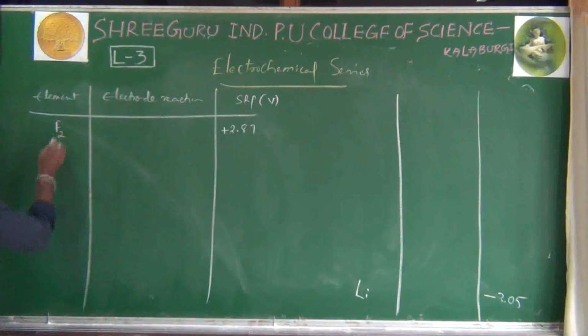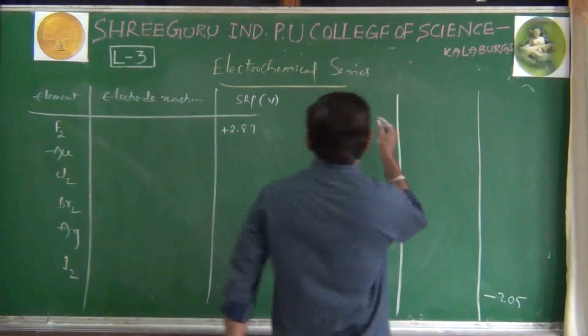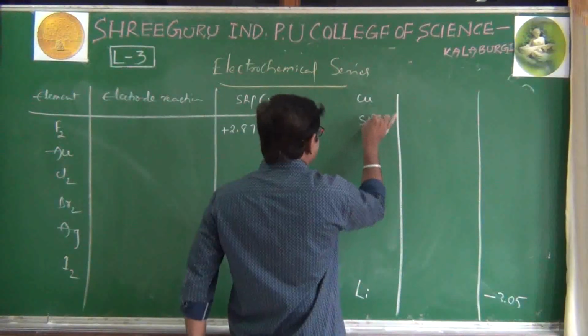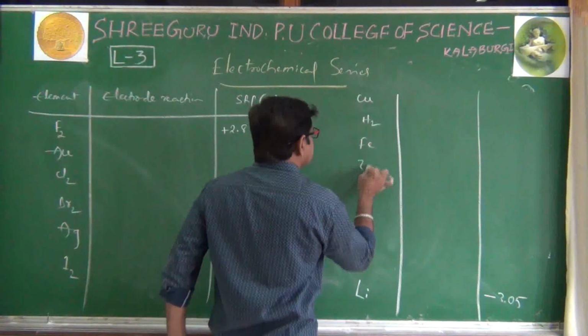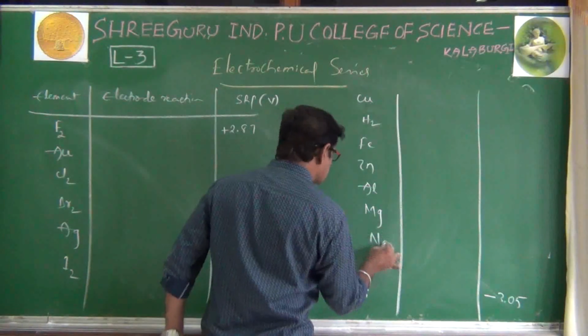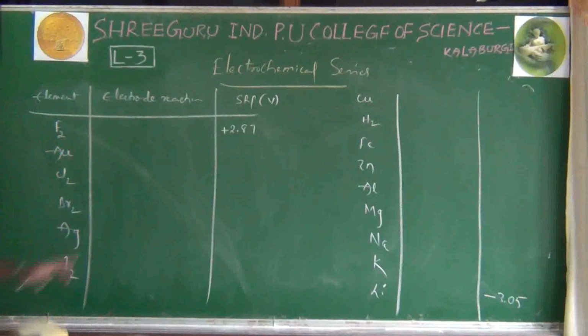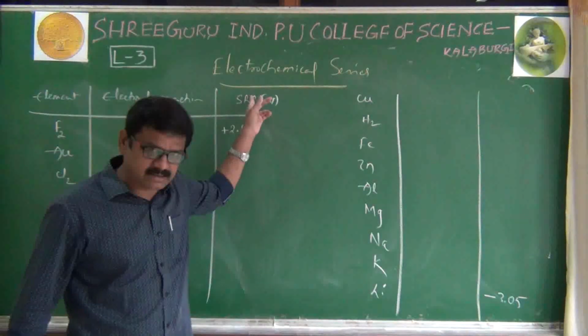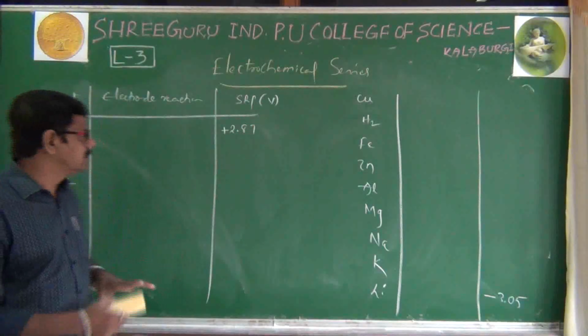Next we'll take gold, chlorine, bromine, silver, iodine, copper, SHE, or we can take hydrogen, then iron, zinc, aluminium, magnesium, sodium, potassium, and of course lithium. Here all reduction potential values are used, so I will write all electrodes' reduction reactions.